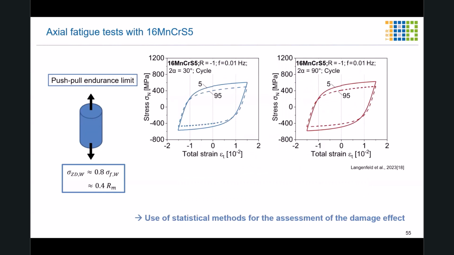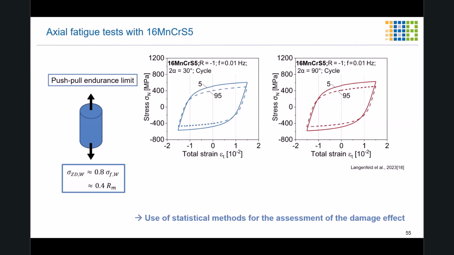We also see within the hysteresis that there's a cyclic softening. In this case, we can see for both shoulder opening angles, on the left 30 degrees and on the right 90 degrees, that for both initial damage states, over the lifetime of the component, there's cyclic softening.